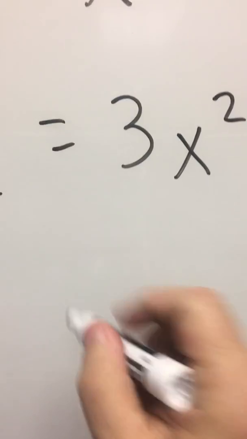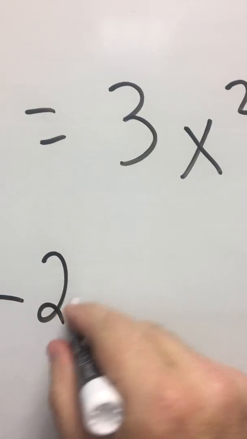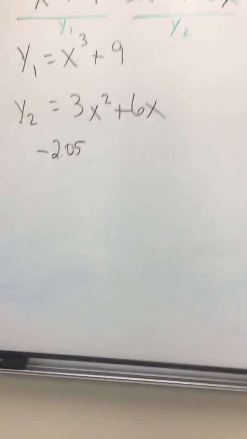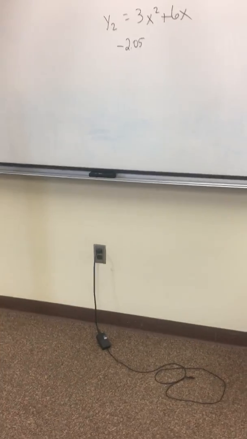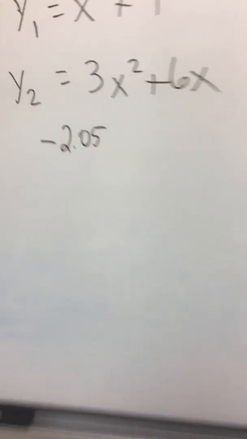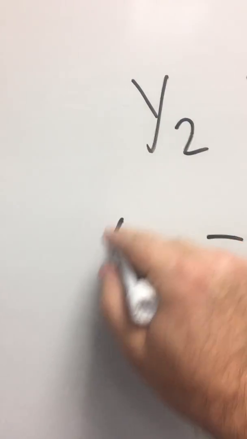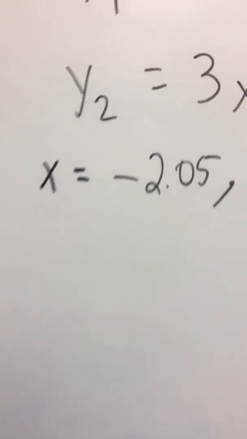Okay, so we had negative 2.05, and then, my brain hurts, got to come back, 1.11. And I'm going to write x equals there.